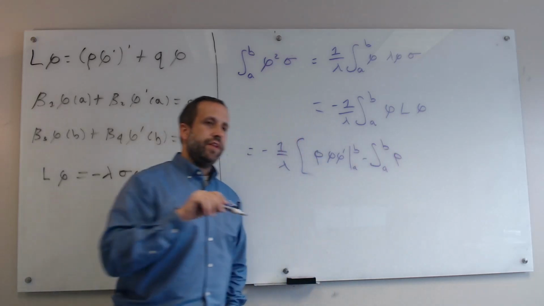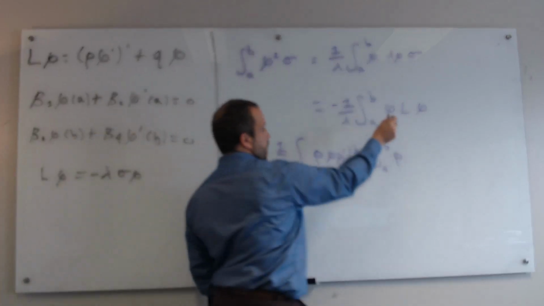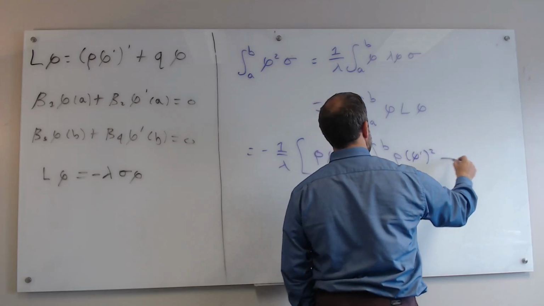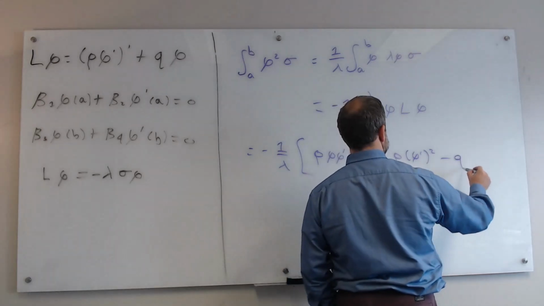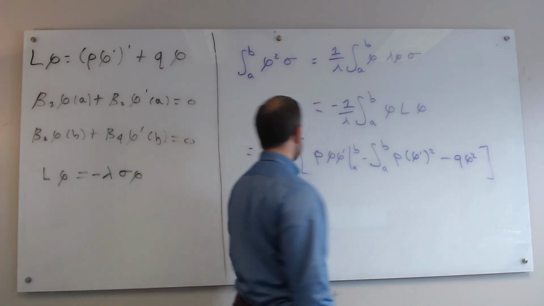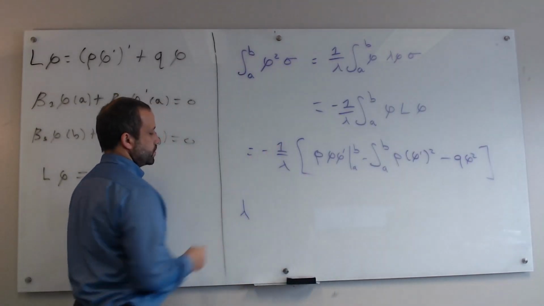In the previous video it was p times psi prime times phi prime, but here psi is equal to phi, so this is just going to be phi prime squared, and then minus q times phi squared.